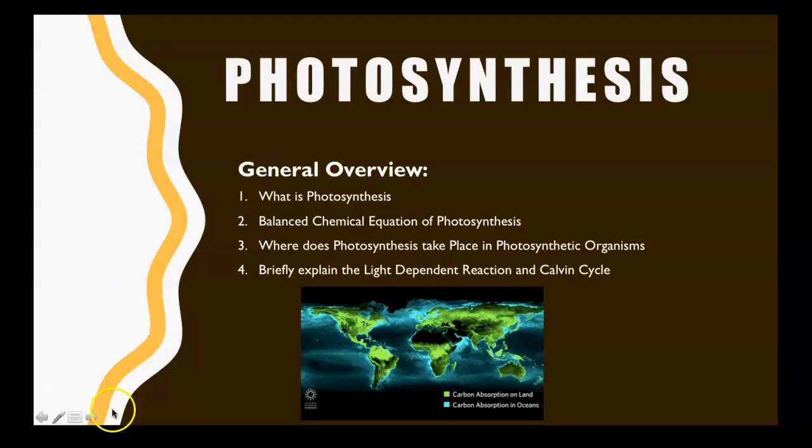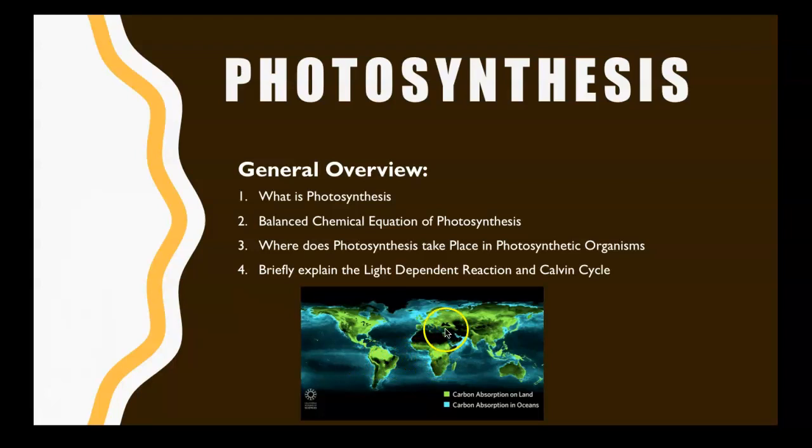cycle. Alright, and lastly down here I have a cool picture of a map of the world, and really what it's showing is that photosynthesis takes place all around the world. If you look at all the continents, there's a green color, and that's just showing you that photosynthesis is taking place everywhere, which is super important for all living organisms.